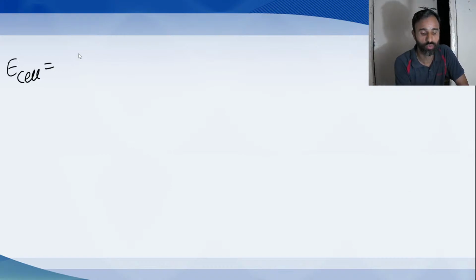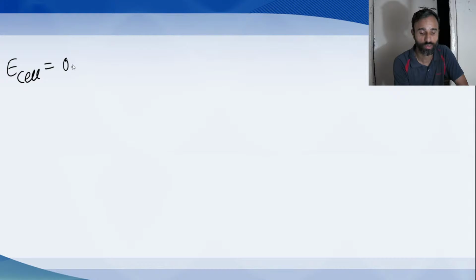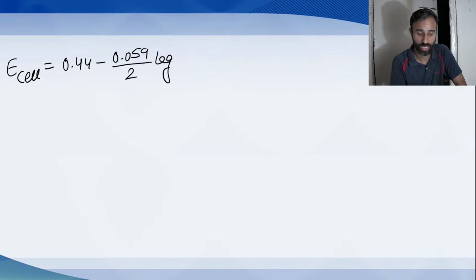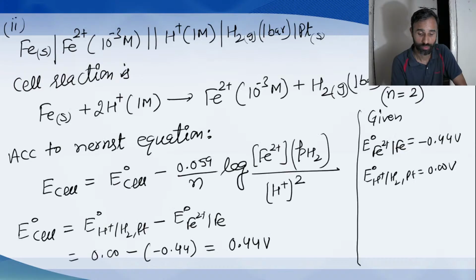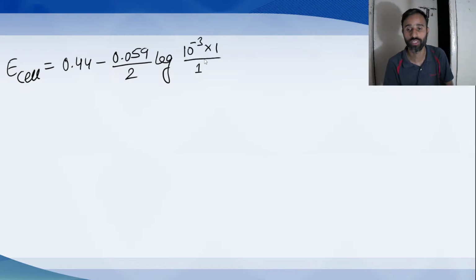E cell equals E naught cell, which we have calculated as 0.44, minus 0.059 over 2 log of Fe2+ 10 raised to power minus 3, pressure of hydrogen 1, and H+ concentration is also 1.